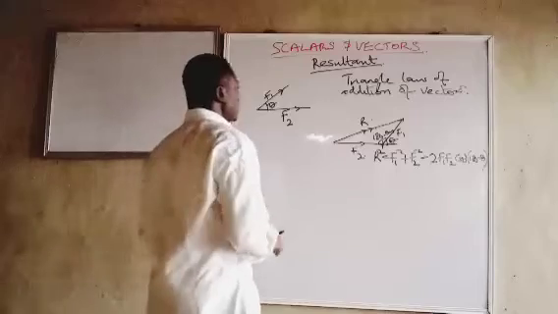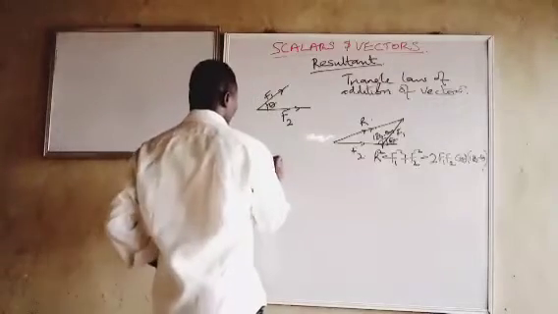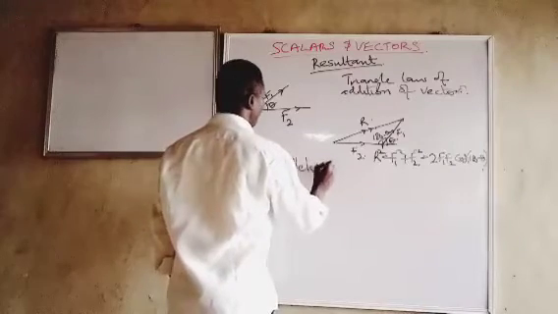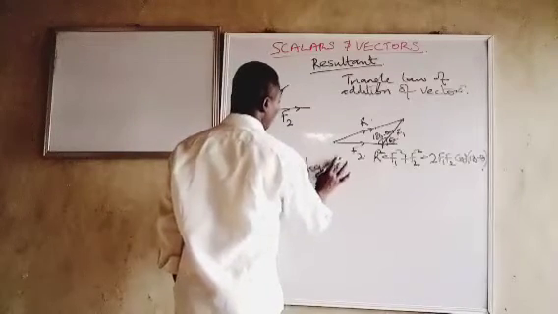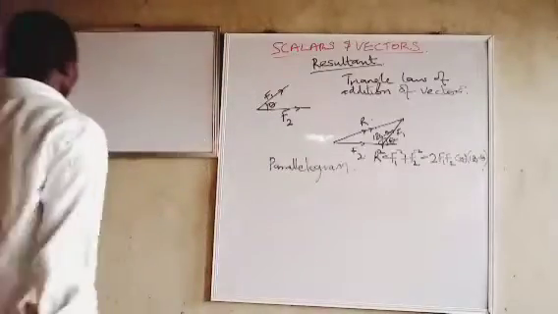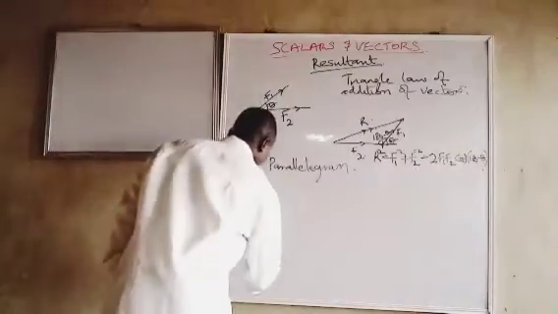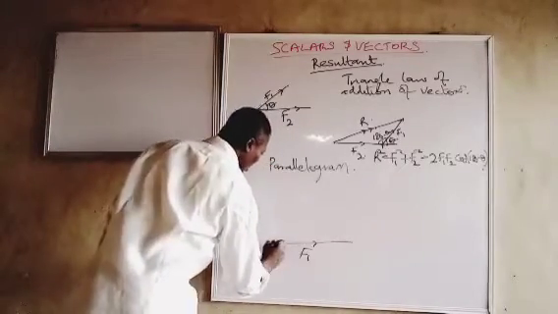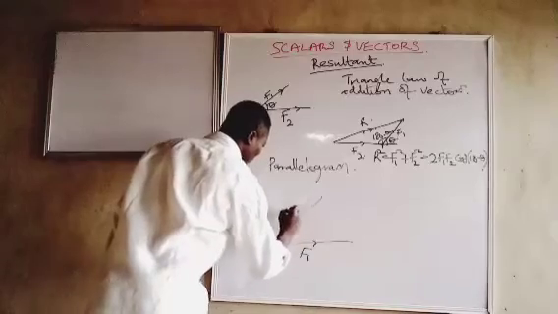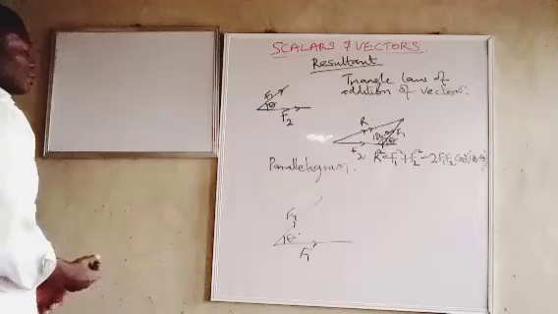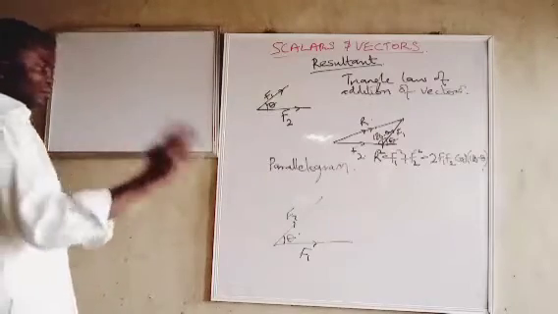And sometimes you can easily use our parallelogram law too. Parallelogram, you know, is just a combination of two triangles. So, what do we do with this? We just draw F1. We draw F2, and theta will be here. So you now draw the full complete parallelogram.